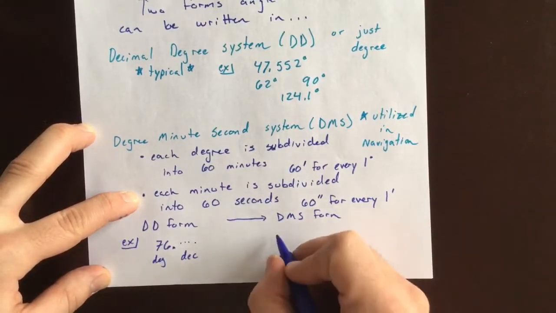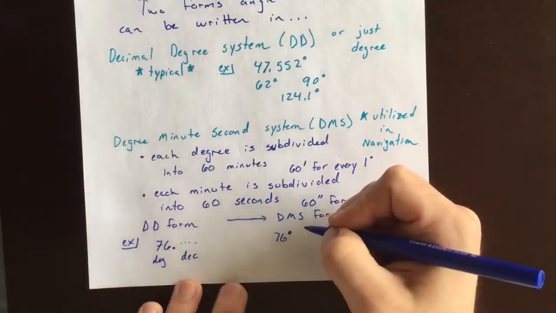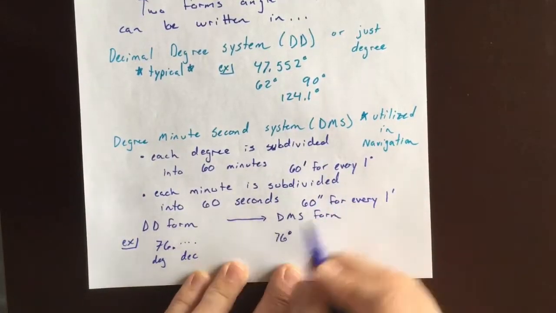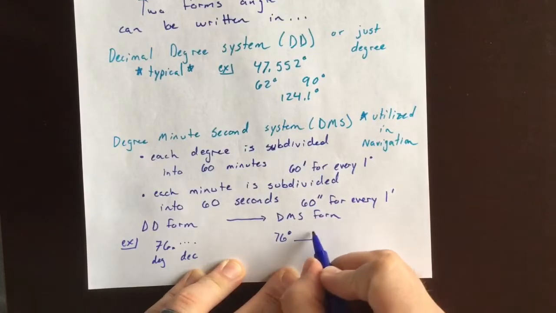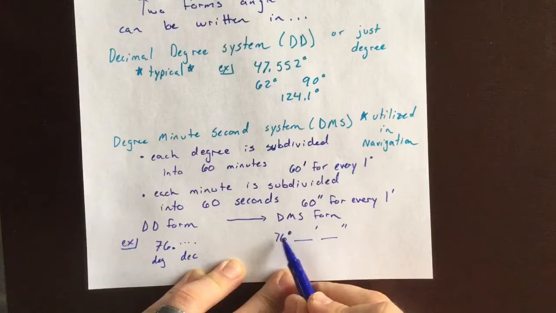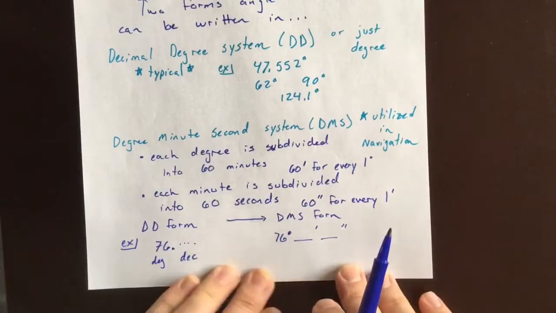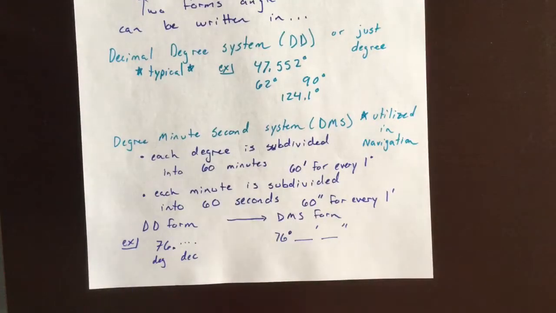It notices the 76 still, but what it does is it takes the decimal and converts that decimal into minutes and seconds. So it would look like this. We'd have like 3 numbers: degrees, minutes, seconds. So going from one to the other, how do we actually go from one form to the next?